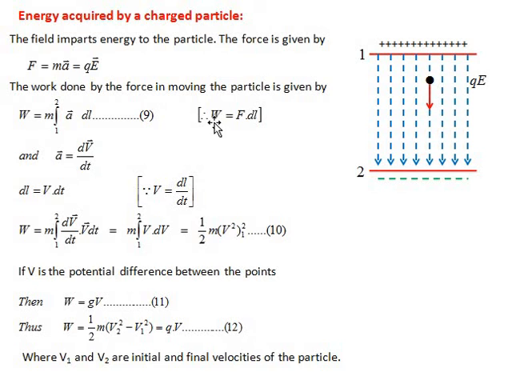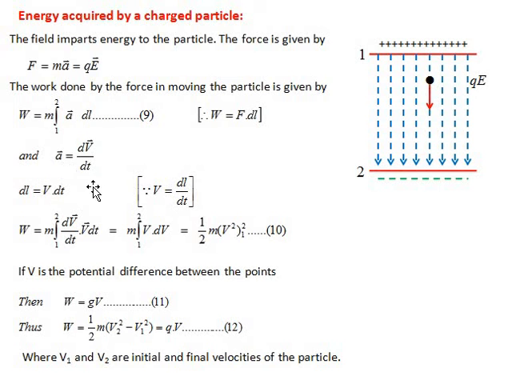As we know, work done is equal to force into displacement, and force is nothing but mass into acceleration. Mass is a constant here, so we integrate from position 1 to 2, a into dl. Call this equation number 9.